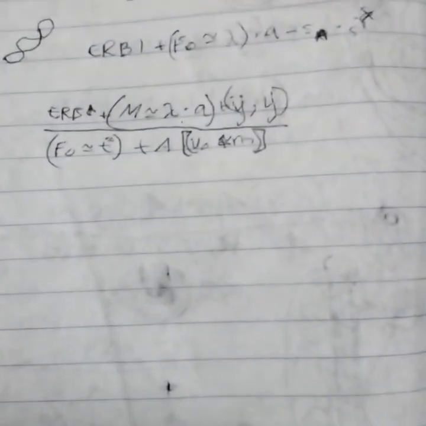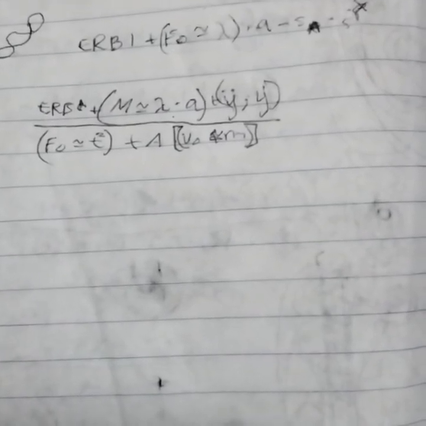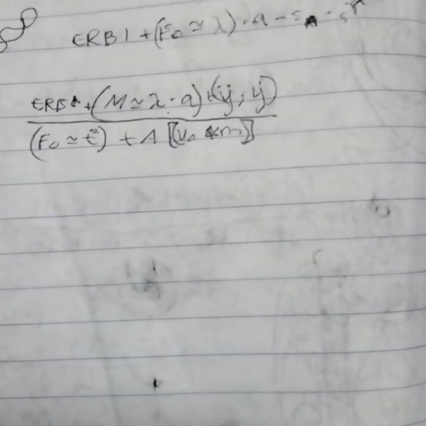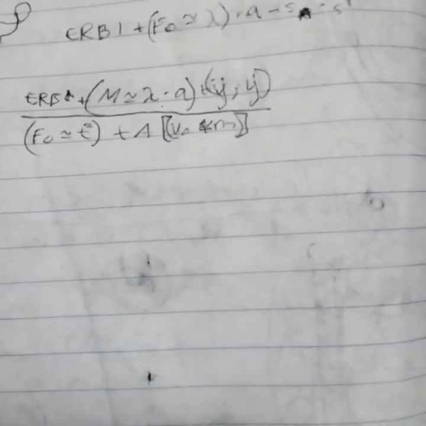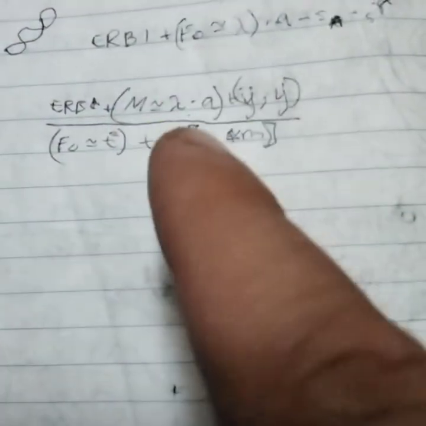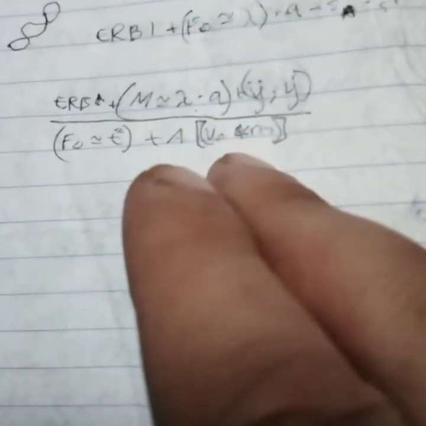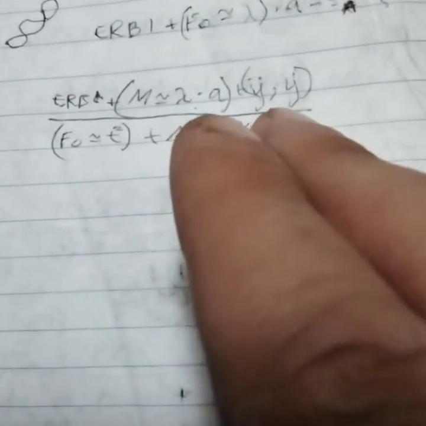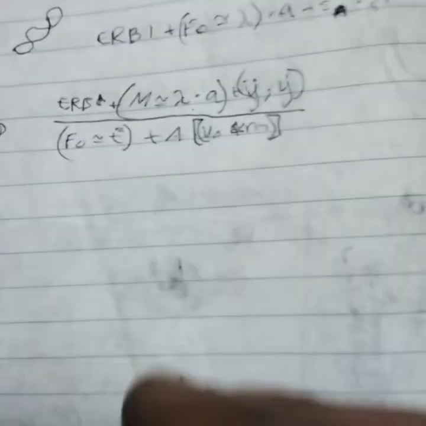Alright, so here we go. This is the equation. ERBA plus momentum congruent to wavelength times acceleration. Now you do momentum and congruentize that to that part. Now plus space and time conjugative to, or I think it's derivative.